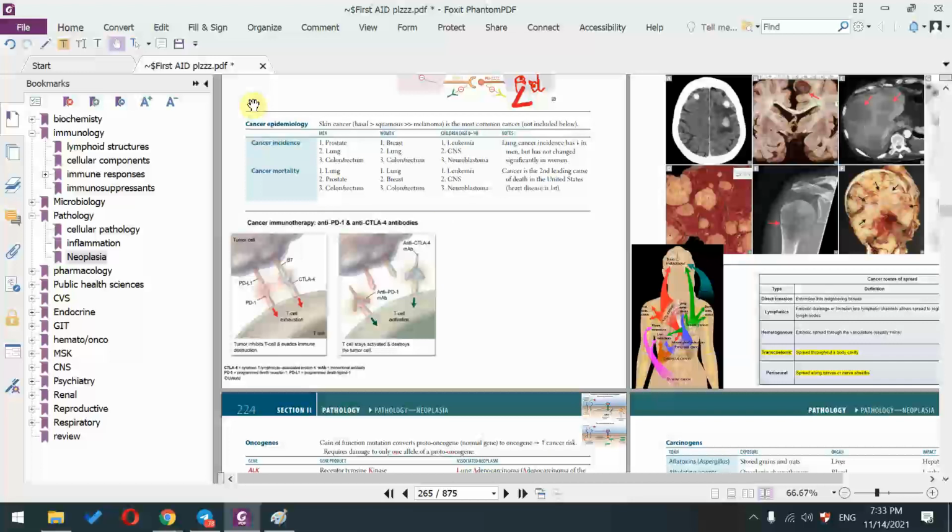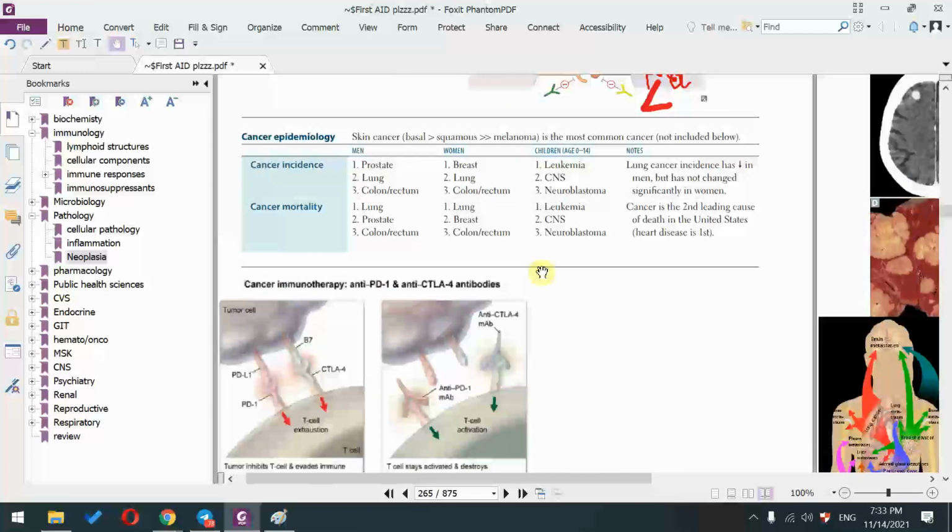Okay, let's speak about cancer incidence versus cancer mortality. In the incidence of cancer, prostate cancer in men is the most common, then comes the lung, then comes the colon and rectum. So let's speak about what is a prostate cancer and what is not.